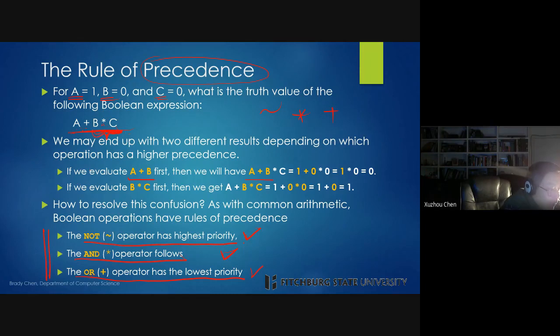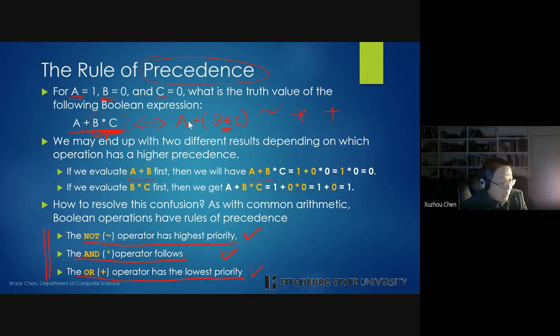Okay, and then once you got the result, then you can evaluate A plus that result. So in this case, this is equivalent to A plus B and C. Okay, so this is equivalent because this one has a higher precedence than this one. Okay.